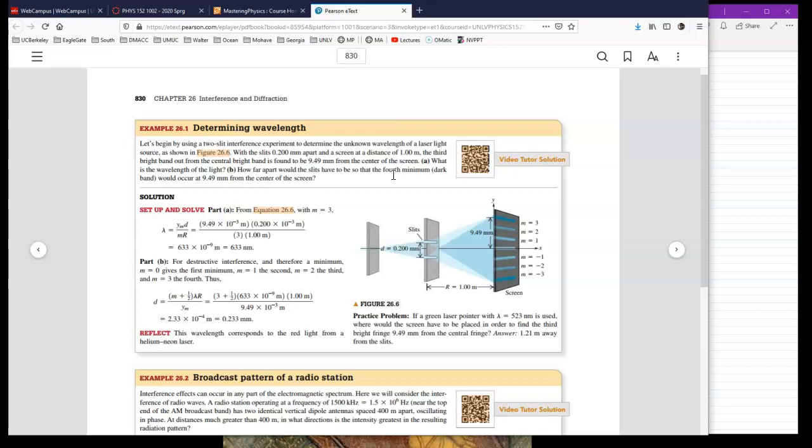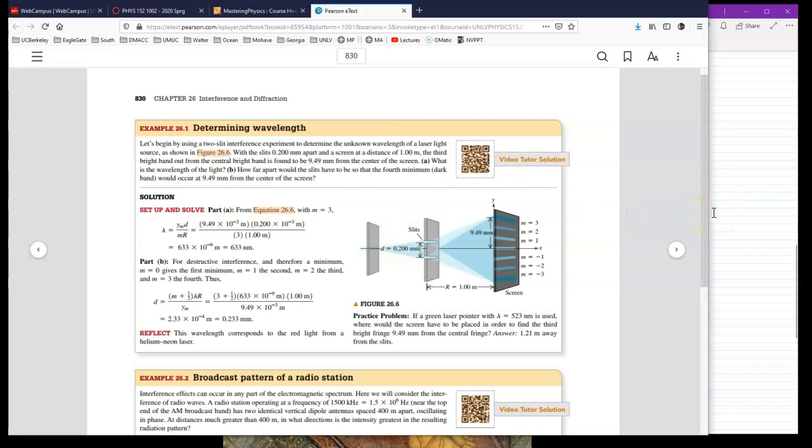So if he says fifth, make it 4. If he says third, make it 2. So fourth dark means m equals 3. This is important. It's kind of confusing. When I actually did this example, I thought m equals 4, and it turned out that it's not the case, so he put m equal 3. He gives you an explanation here why he did it, but just remember that. Other books, when they say fourth dark, it just means 4.